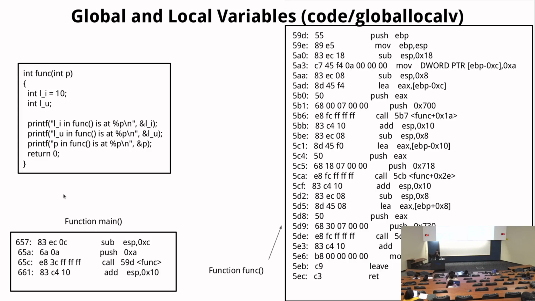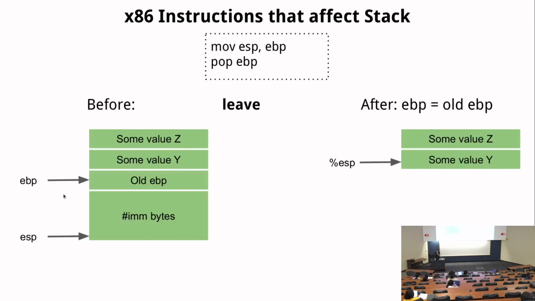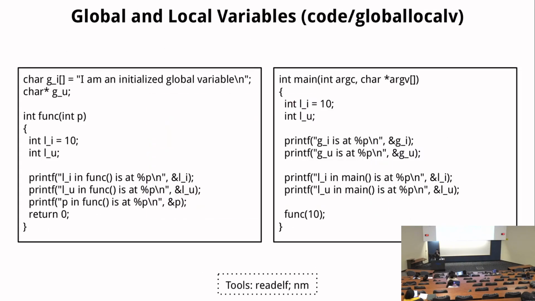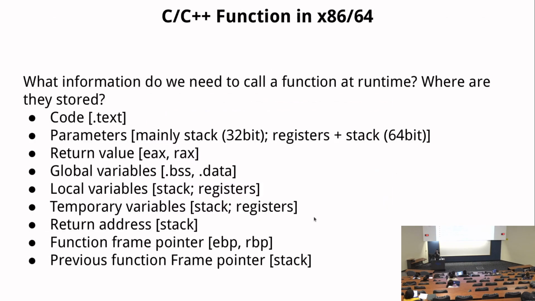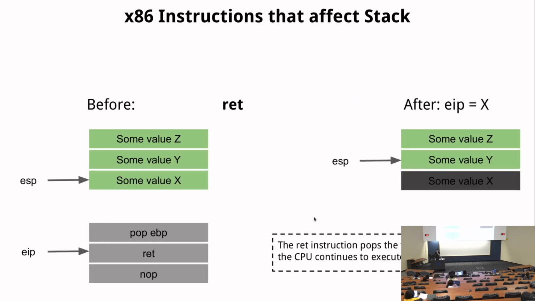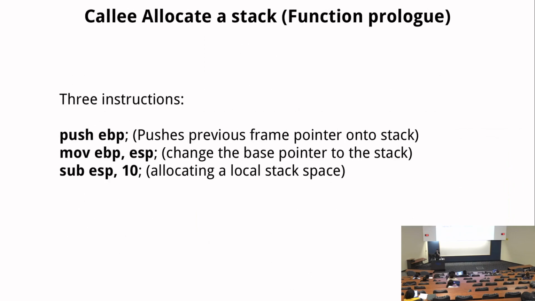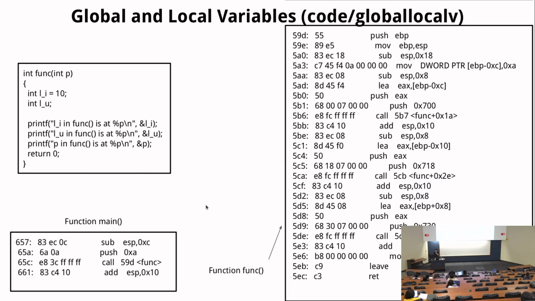We don't have the main function here. Let me go back to the main function to show you. The main function here is very easy. We print out something, then we call the function func with the concrete argument 10. So how it works at the instruction level is here.